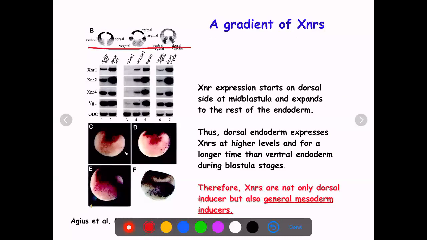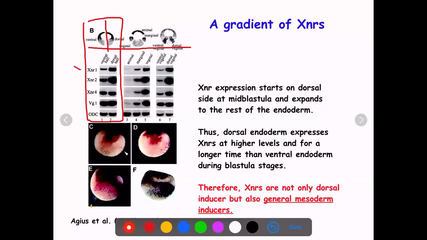In this gel, you extract XNR this way. So you have the embryo, and then you cut it in the middle. You have a ventral hemisphere and then a dorsal hemisphere. You grind it up, and then you load it. And then you look for the XNR.